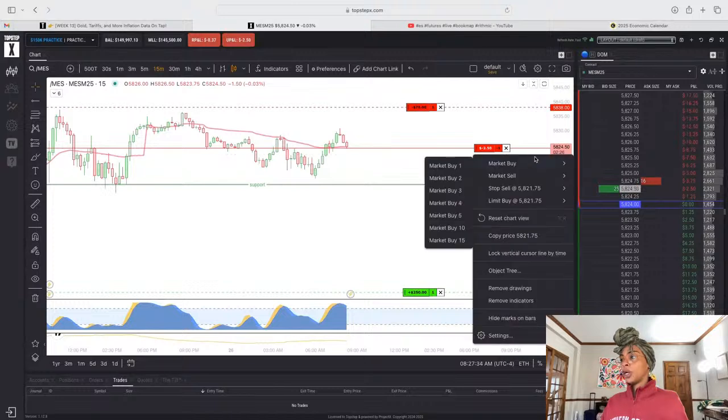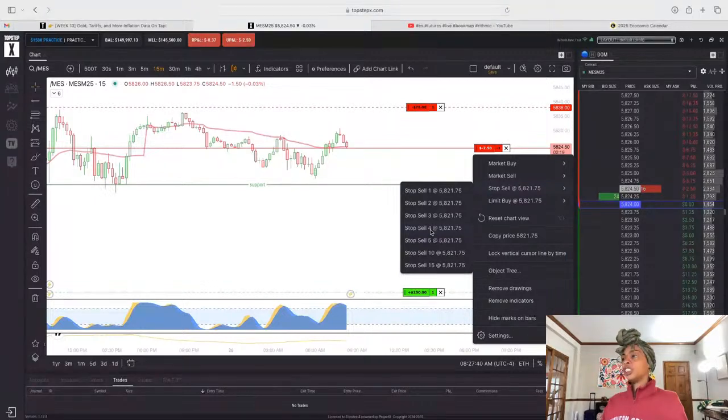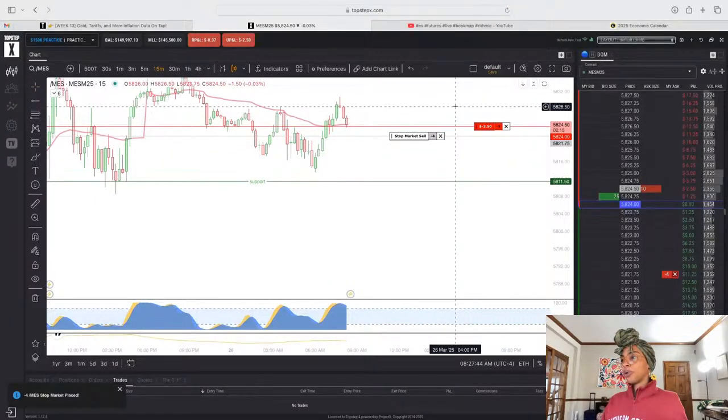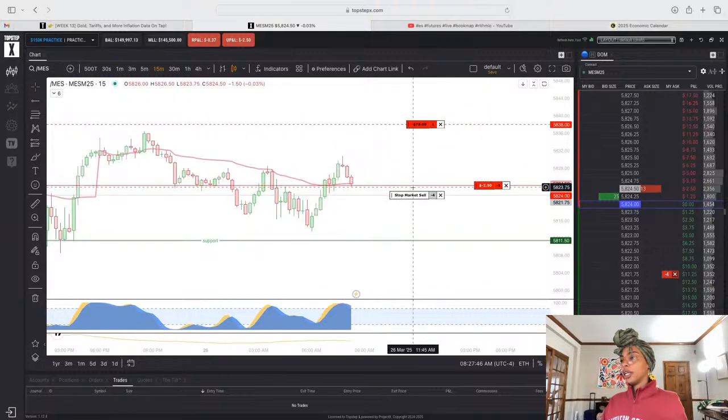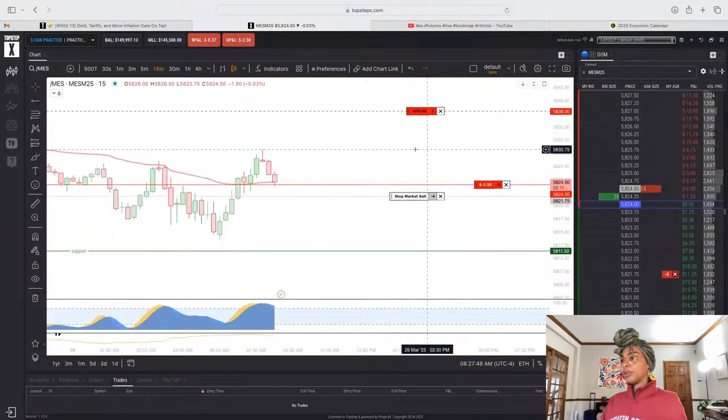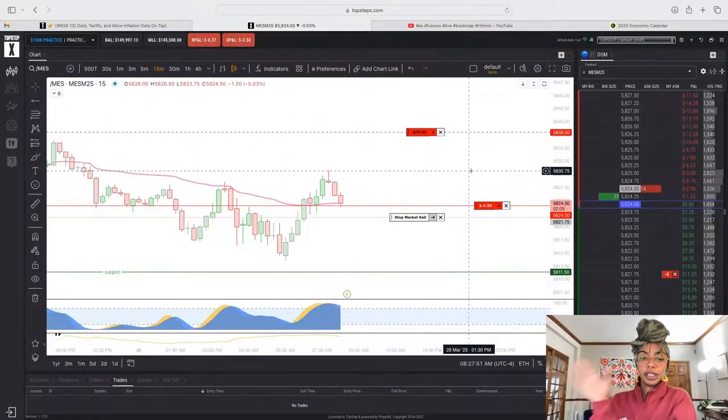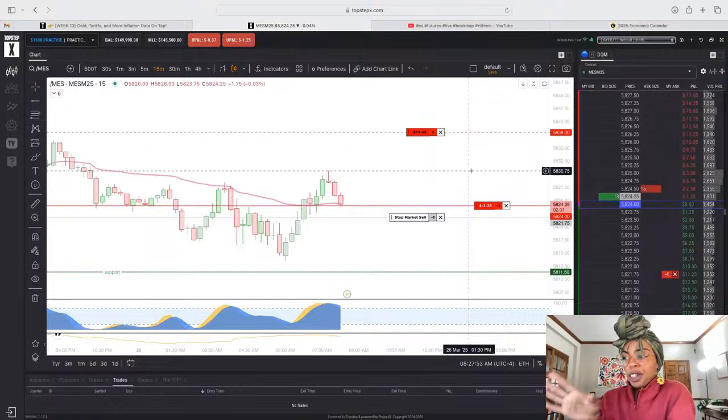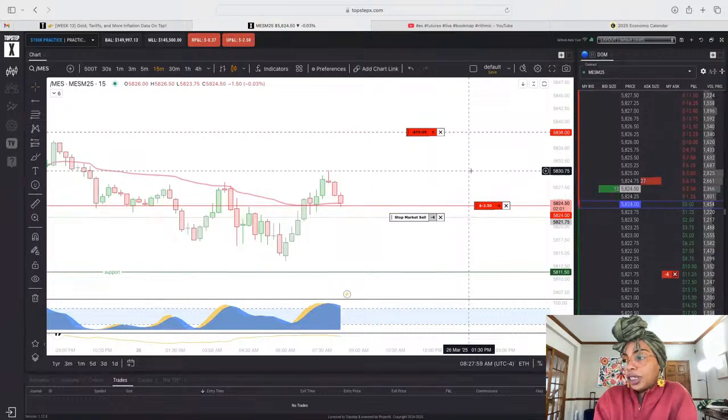So let's see here. I'm going to add an additional 4 mini contracts when price comes below this point, and then I will be in this particular trade for 5 contracts. Anyways, we're going to let that play out. So here are some rules within your order parameters that are different in futures compared to Forex.